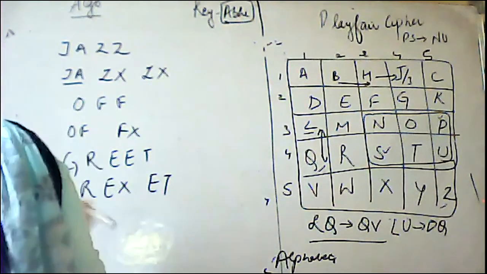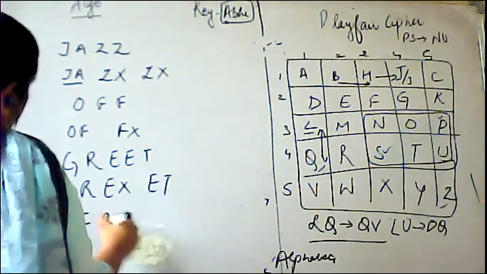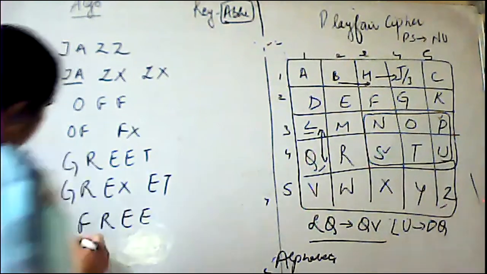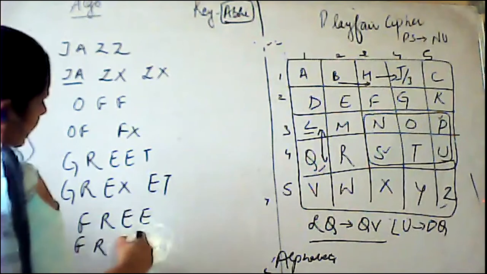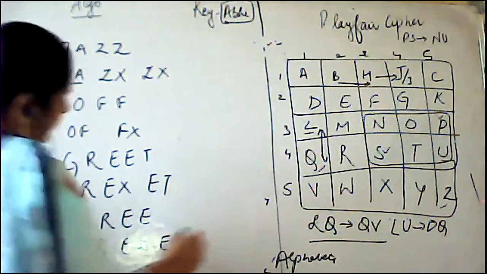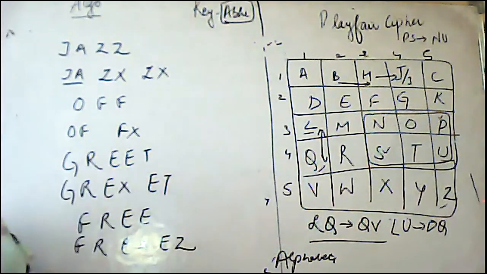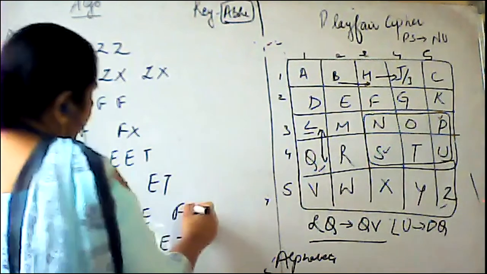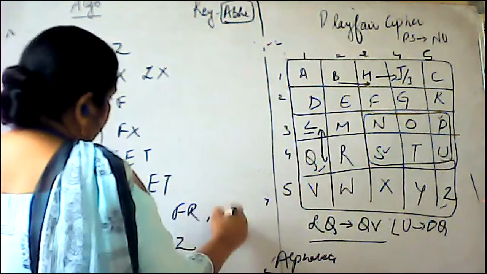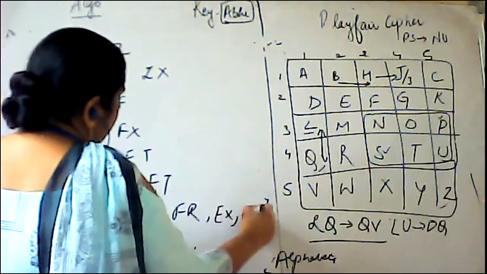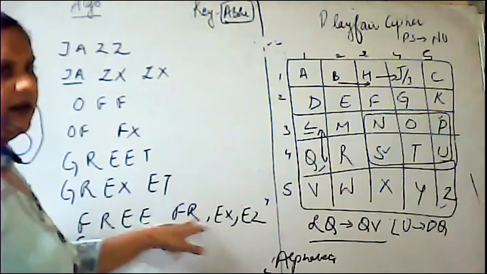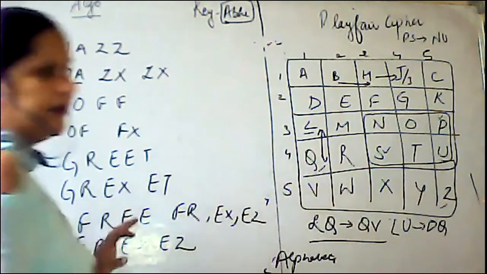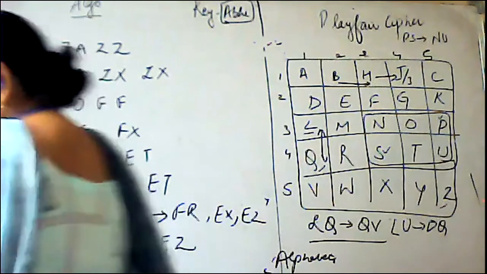Then if some word is like free, FREE, then FREXEZ. I should write it here because I think light is falling on it. FREX and EZ. Okay, this is for free. This is how you will break up.